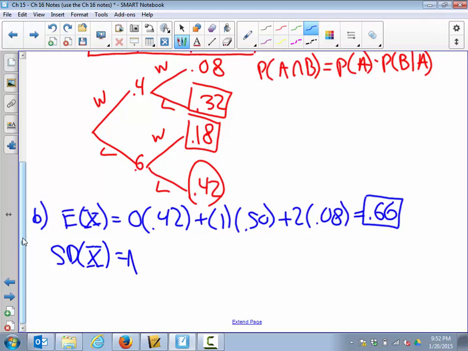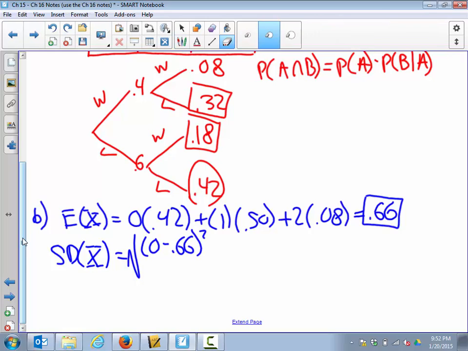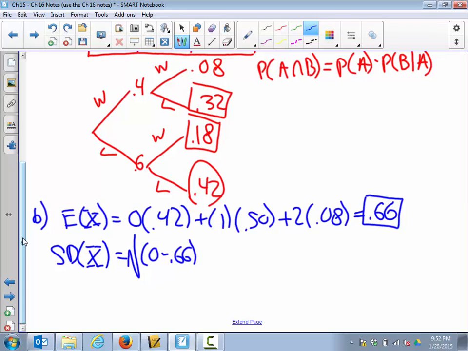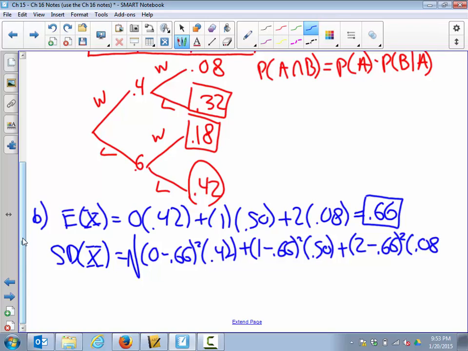All right, so that's the first piece. They wanted the standard deviation as well. So let's find the standard deviation of our random variable, which is the square root of: first outcome was 0, and we just found the mean to be 0.66, so 0 minus 0.66 squared times the probability of 0 games won, which was 0.42, plus 1 minus 0.66 squared times the probability that 1 game was won, 50%, plus 2 minus 0.66, the mean, squared, times that probability, 0.08.